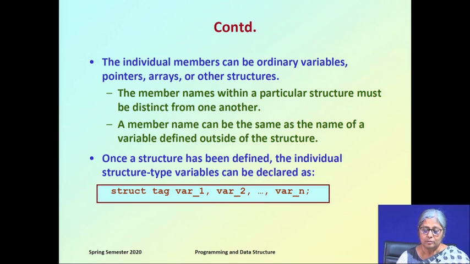Now, normally these member names within a particular structure must be distinct, and a member name can be the same as the name of a variable defined outside the structure. We have already discussed this, and struct tag var1, var2, var_n means there can be n other structures of type tag, which we have defined earlier.